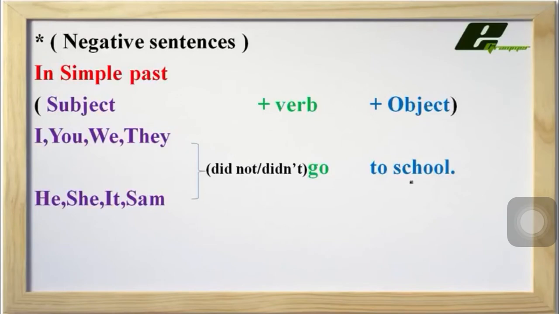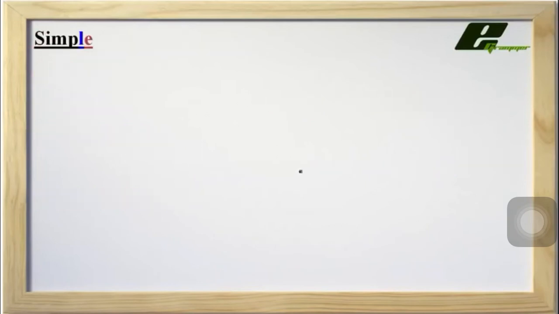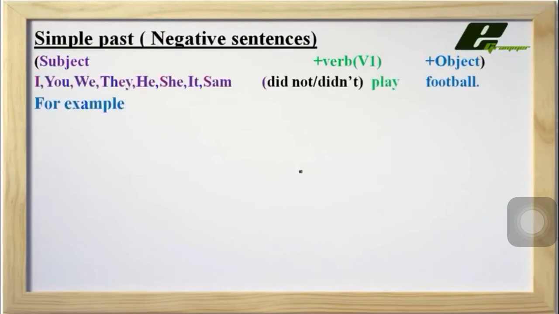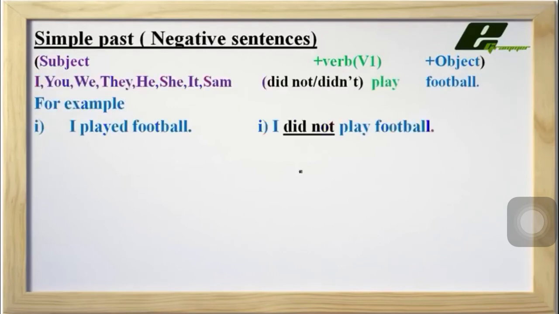Now what we are going to use: Sam did not go to school. This action had taken place in the past. Instead of did not, you can use didn't. Sam didn't go to school. See, some examples will transform some sentences into negative sentences so you get it much better. For example, I played football. What do I write here? I did not play football.